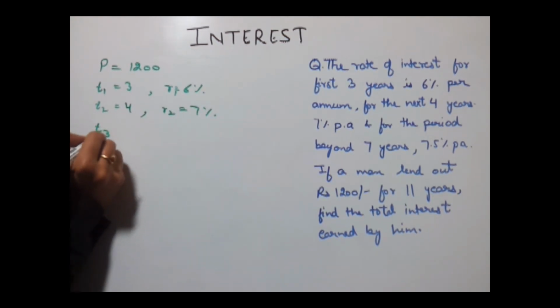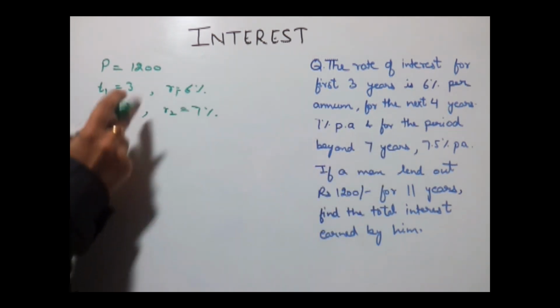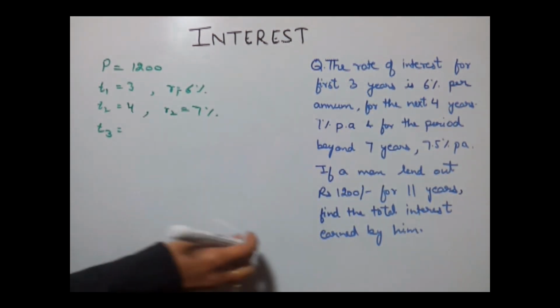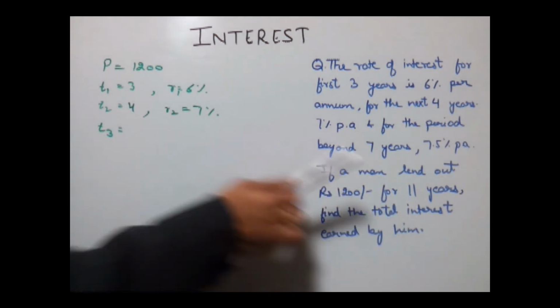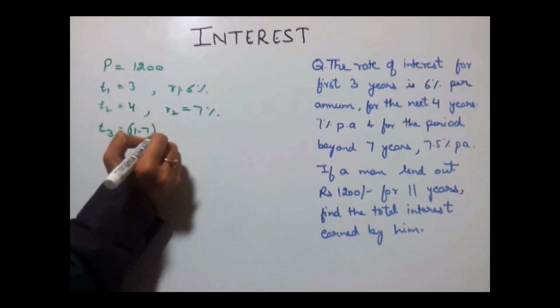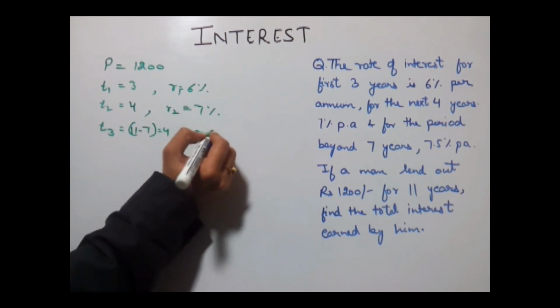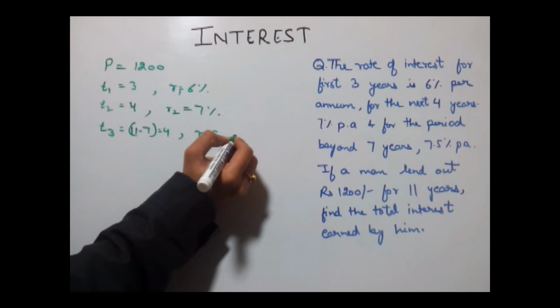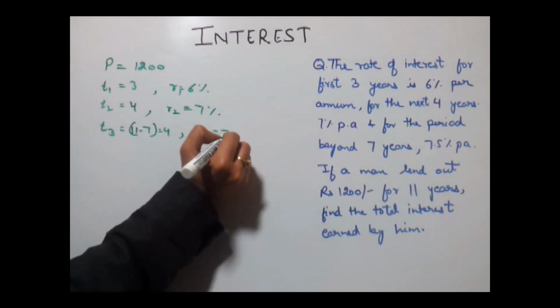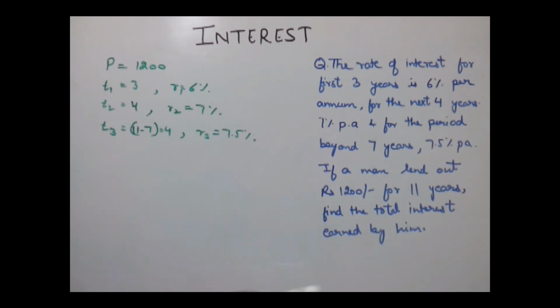And T3, for beyond 7 years: 3 and 4 make 7 years, and the amount was lent for 11 years, which gives 11 minus 7 equals 4. And here R3, that is rate of interest for this period, would be 7.5%. And we need to calculate the total interest.